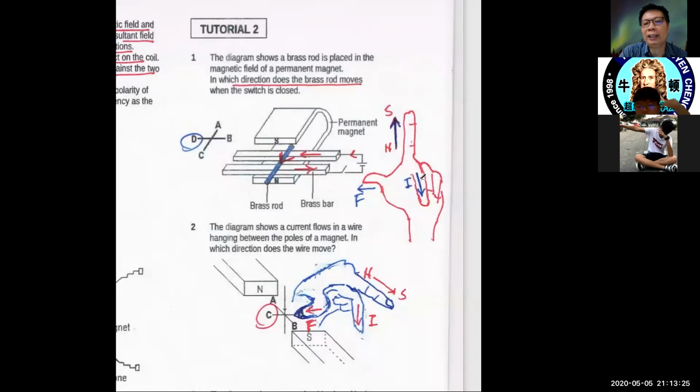And your second finger follows the current. The current is coming out, so this finger is coming out. You notice your thumb points to the left. So this piece of wire will be pushed to the left. So the answer is D. Understand? Using your Fleming's left hand to find answer 1, okay?